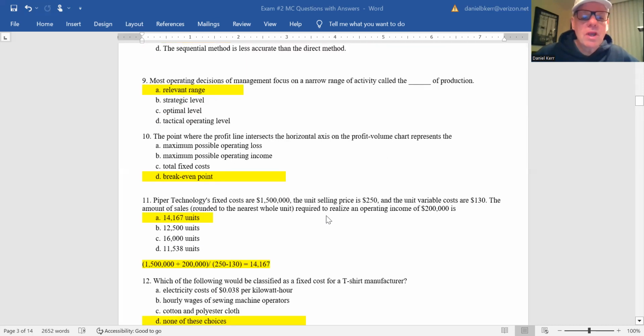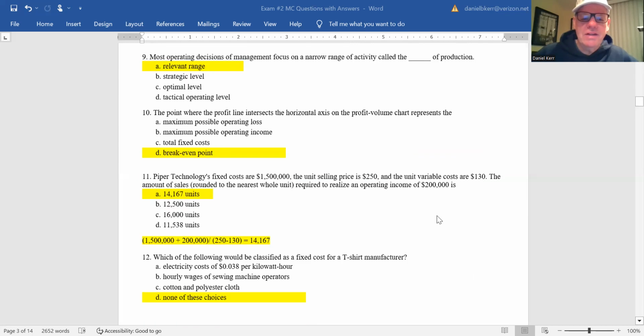Number 11, Piper Technologies fixed cost. They give us the fixed cost, they give us the selling price, and they want us to figure out the number of units I've got to sell to earn a profit of 200,000. So it's 1,500,000, which is the fixed cost, plus the targeted profit, divided by the contribution we get for each unit.